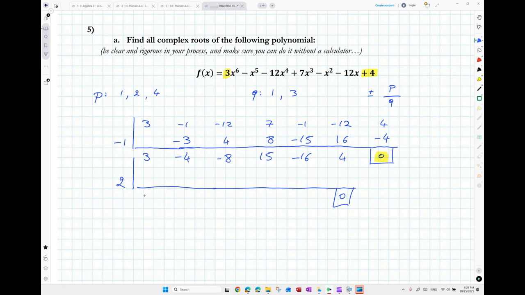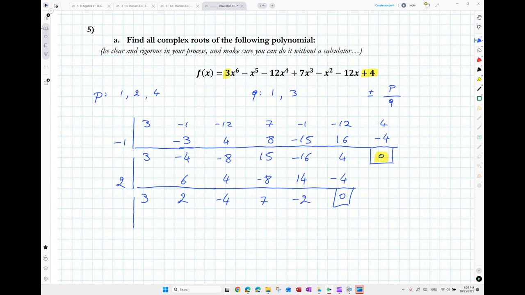So 3 plus nothing is 3, times 2 is 6. I have minus 4 is 2, 4, negative 4, negative 8, 7, 14, negative 2, negative 4, and 0.